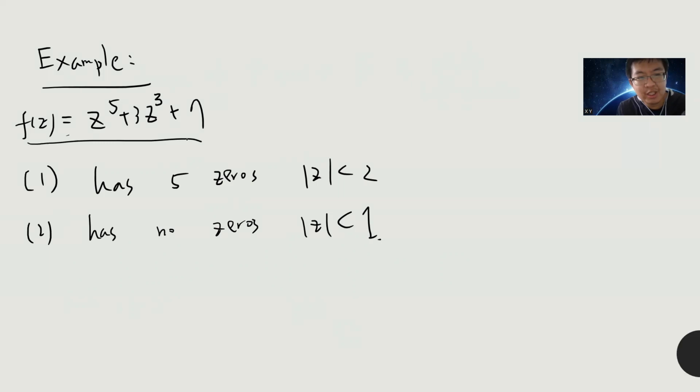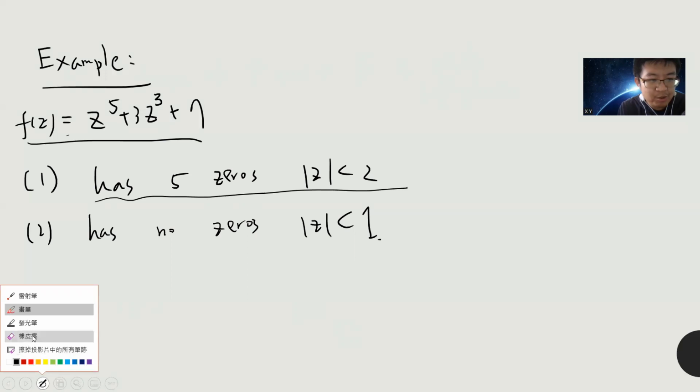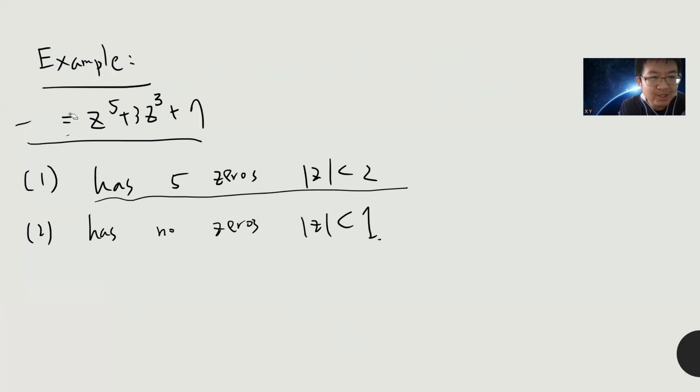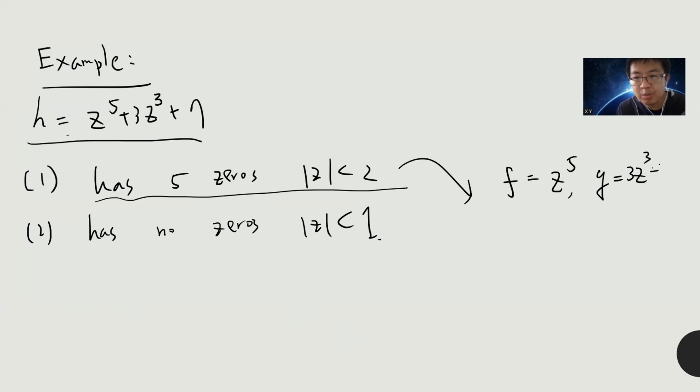Okay, so how to use Rouche's theorem? So this is f, right? For the first one, we need to come up with another function. Let's change the notation a little bit and call this h. For this one, I choose f to be z to the 5, and I choose g to be 3z cubed plus 7.